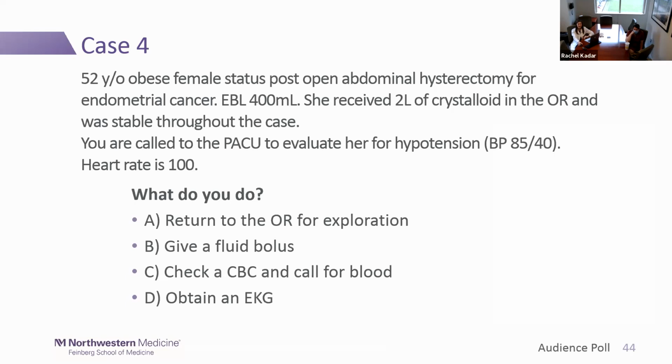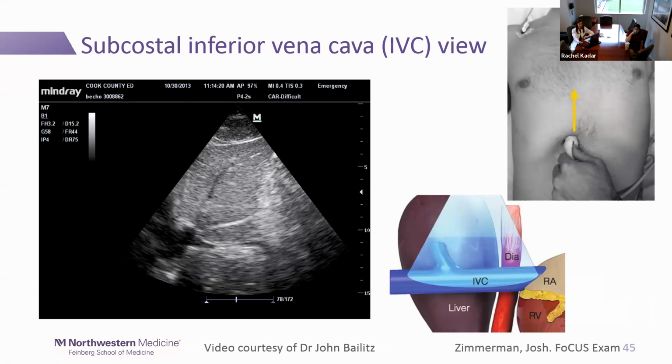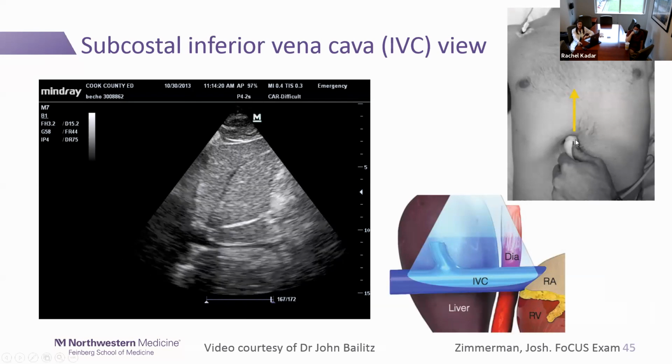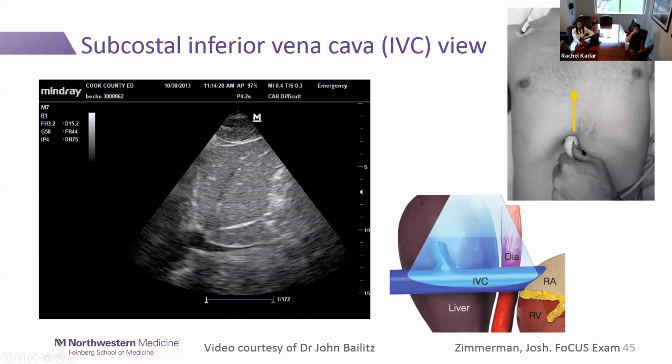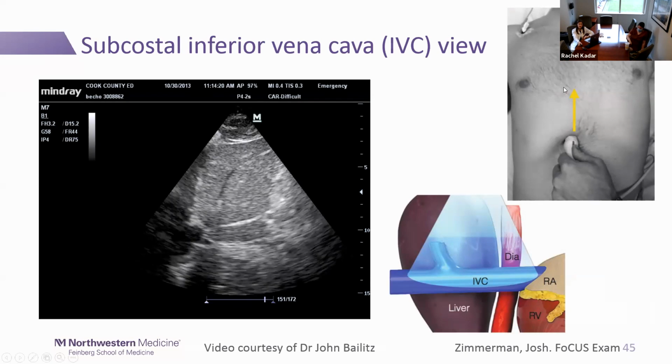I think these are certainly the best answers that we would be doing, probably giving a fluid bolus initially and or checking a CBC and calling for blood. And now you go to obtain these views. So this is a subcostal inferior vena cava view. So your indicator has been rotated from that xiphoid 4-chamber view 90 degrees counterclockwise so that your indicator is now towards the head.